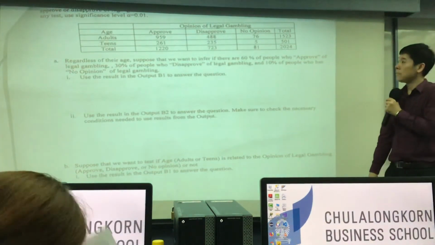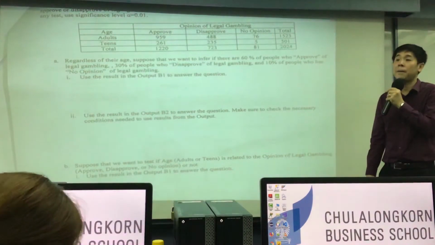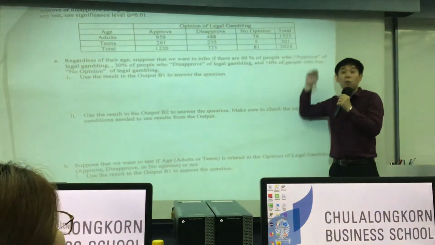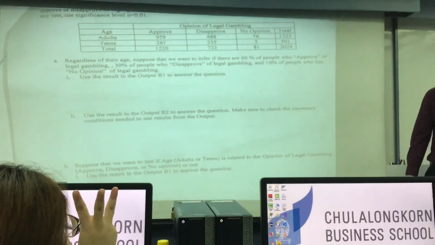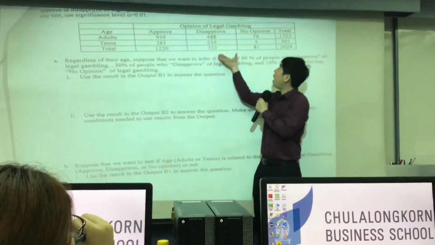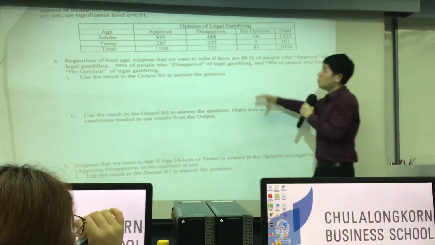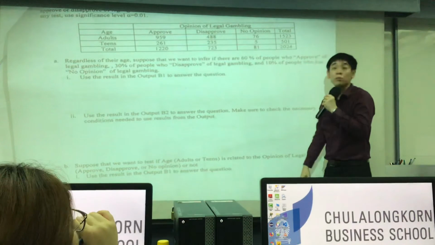First, what is the sample size in this case? Yes, 2003. 2024. How many categories do we have? 3. Approve, disapprove, and no opinion. Do we care about the age? No. Basically, you collapse these two and just focus on the last row.